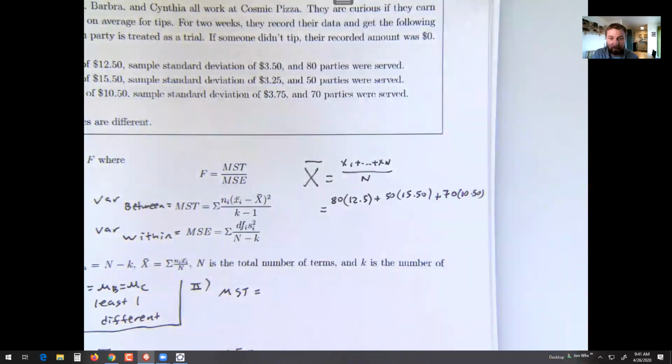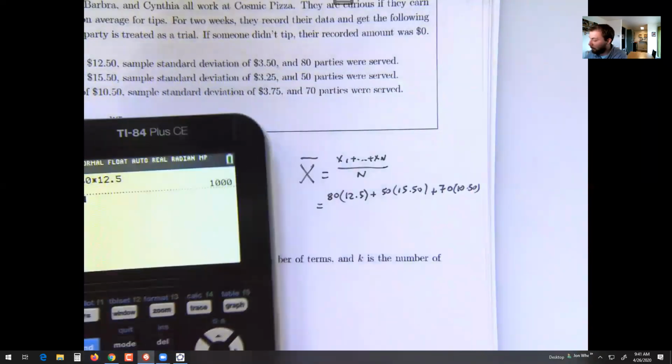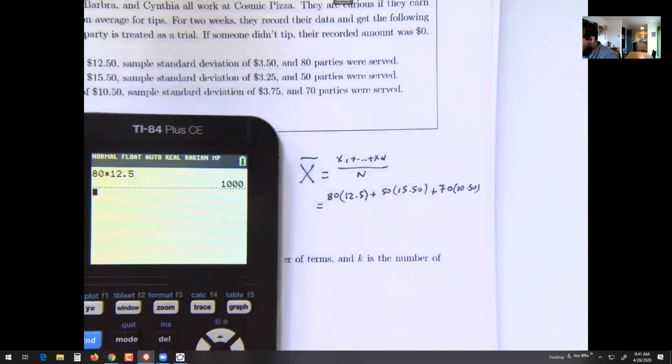So when I multiply these numbers, 80 times 12.5, this is the total amount that Amelia got in tips. When I do 50 times 15.5, this is how much Barbara made in tips. 70 times 10.5, this is how much Cynthia made.